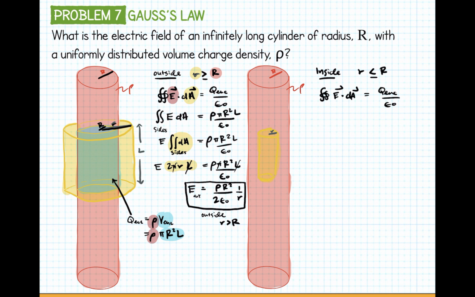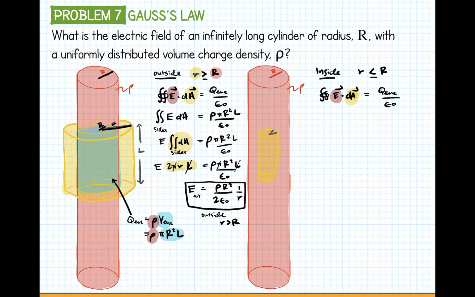And so once again, we have E, we have dA, and then we have to figure out what Q enclosed is, and that has to do with just what's enclosed inside, and we'll get to that in a second. But just like before, E pulls out.